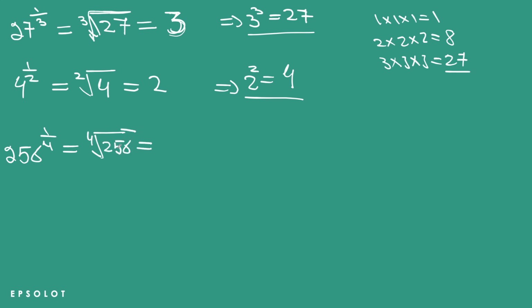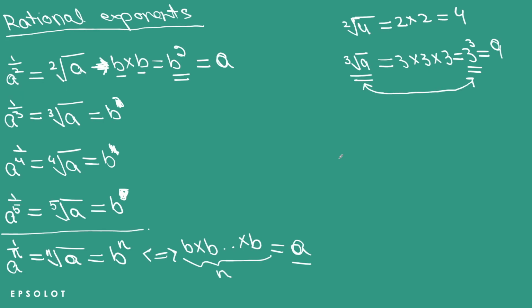Now we need a number that, when multiplied by itself 4 times, gives us 256. I can tell you that is 4, because 4 to the power of 4 is 256. So that is exactly what rational exponents mean when you are trying to solve these.